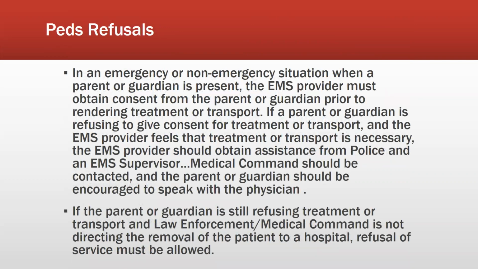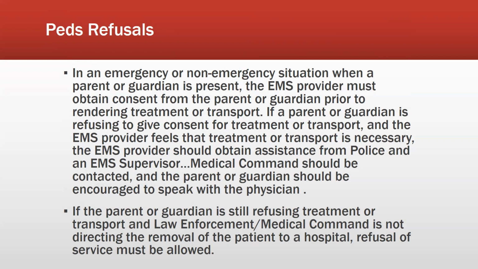This is coming right out of our protocols that you can use for a reference in an emergency or non-emergency situation. When a parent or guardian is present, you must obtain consent in order to render treatment or transportation. But if the parent or legal guardian is refusing to give consent or transport, and you feel that the treatment or transport is necessary, you should obtain assistance from police and an EMS supervisor in addition to calling medical command so that we can speak with the parent or legal guardian.